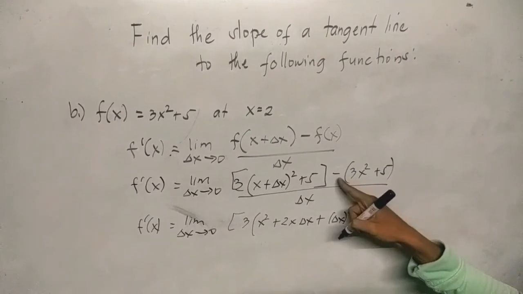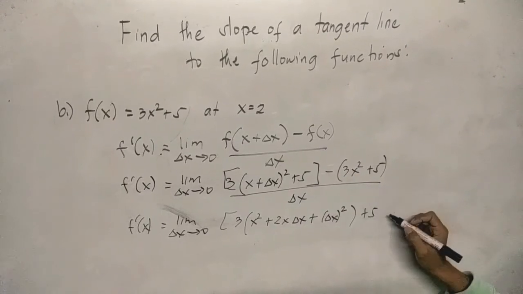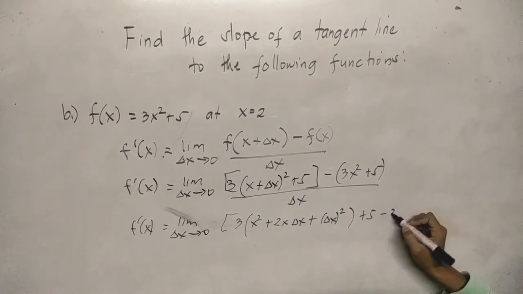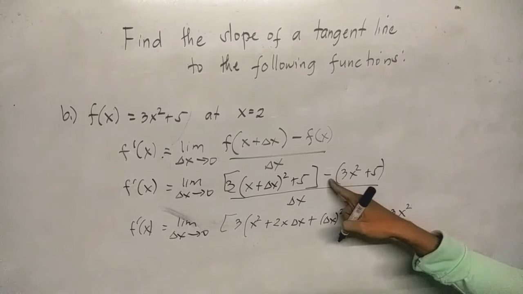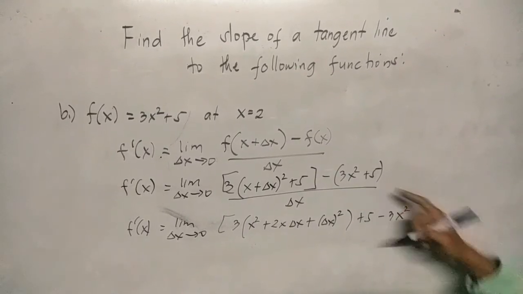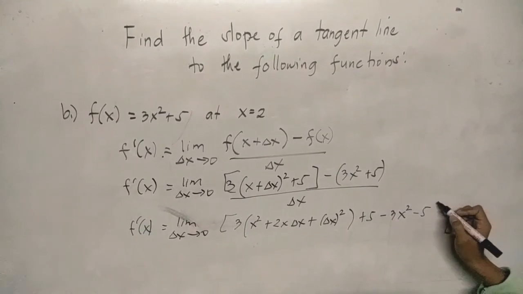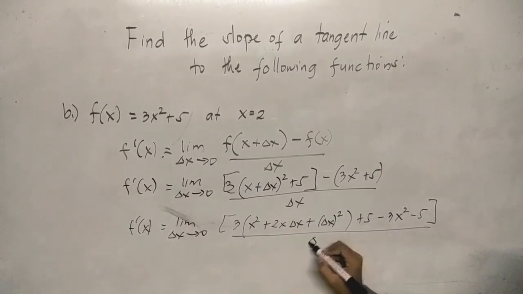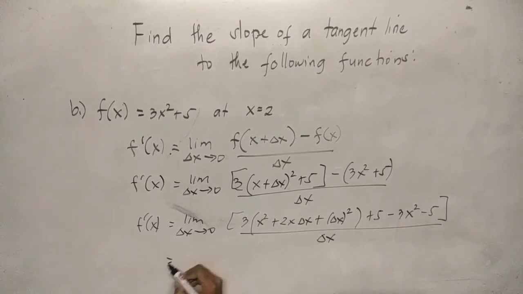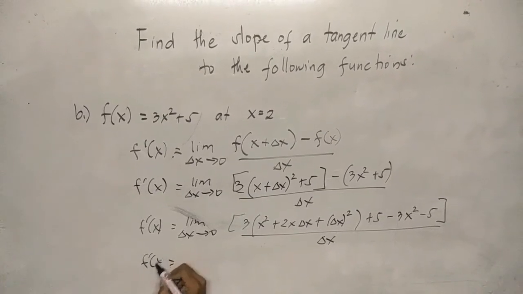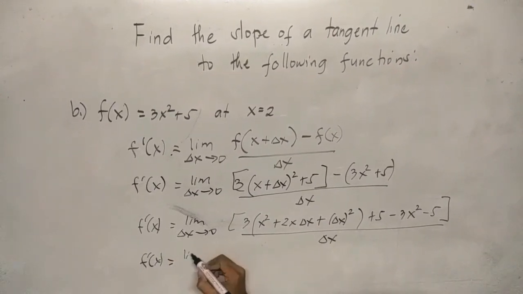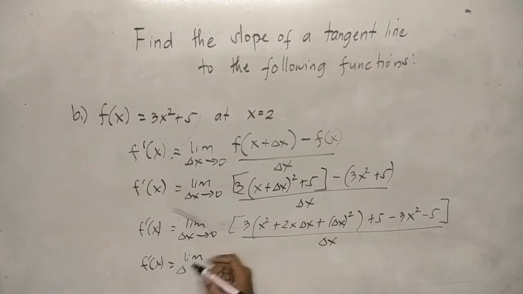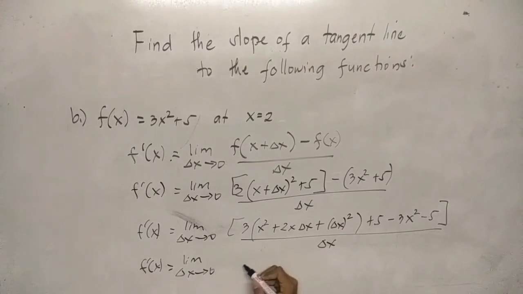Okay, so next, negative times 3x squared, 3x squared, negative times positive 5, negative 5. Okay, next, all over delta x. Okay, so f prime of x, the limit as delta x approaches 0.